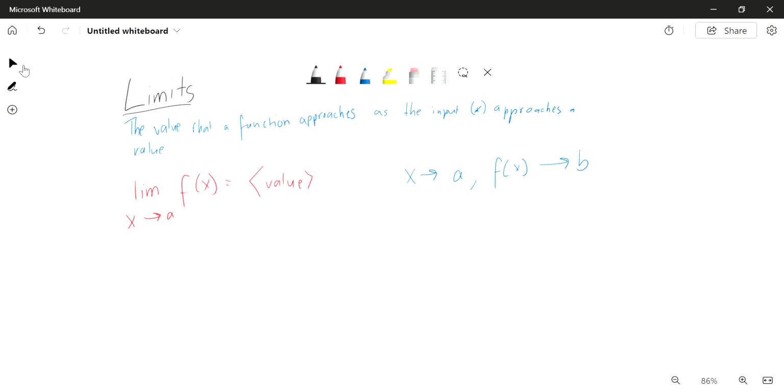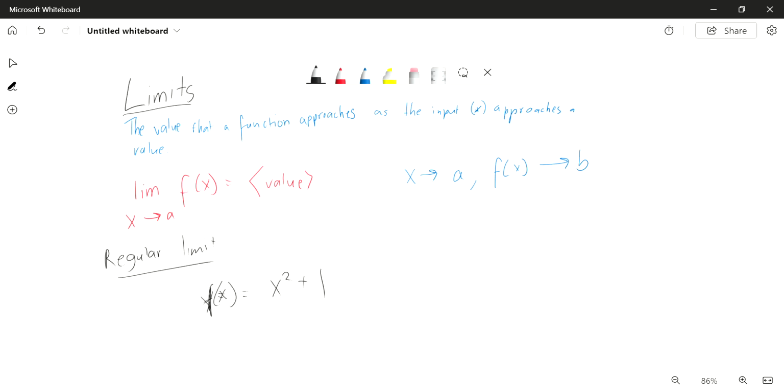And then you have a few types of limits. One is just a regular limit, where you don't need to factor anything out. Take the function y or f of x is equal to x squared plus 1.